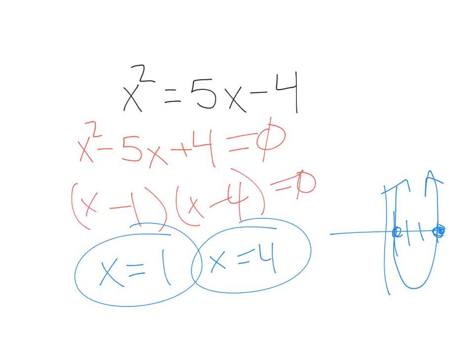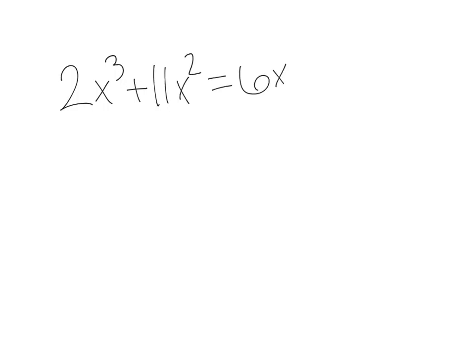And I'm going to skip to the last one, which is 2x cubed plus 11x squared equals 6x. What do I need to do first? Put it in standard form.